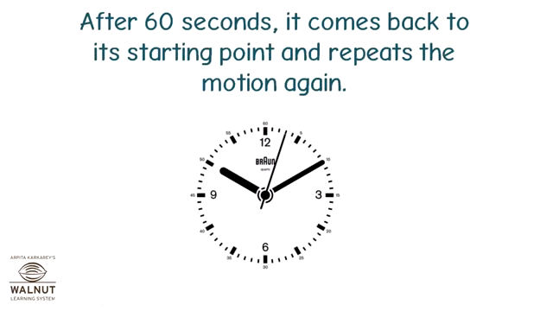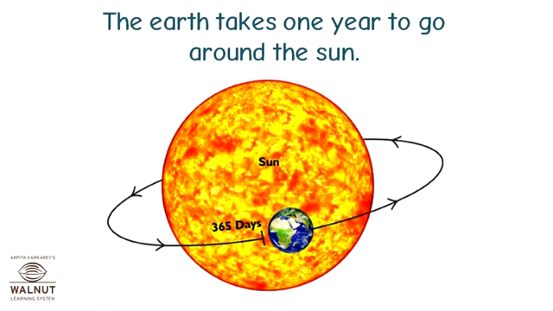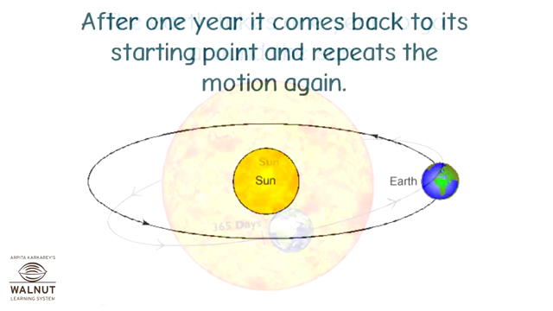After 60 seconds, it comes back to its starting point and repeats the motion again. The Earth takes 1 year to go around the Sun. After 1 year, it comes back to its starting point and repeats the motion again.